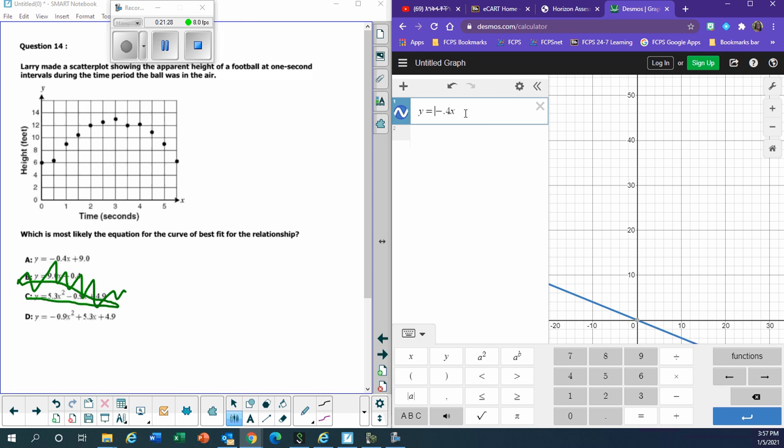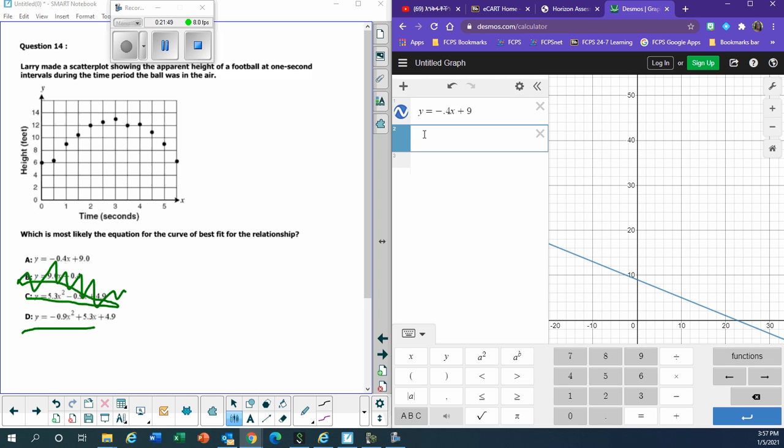Oh, this is even a straight line. So I know that's not it, because this is going to give me a straight line. So it has to be a quadratic. Plus 9. I'll just do it for you. Plus 9. That's what the graph looks like.